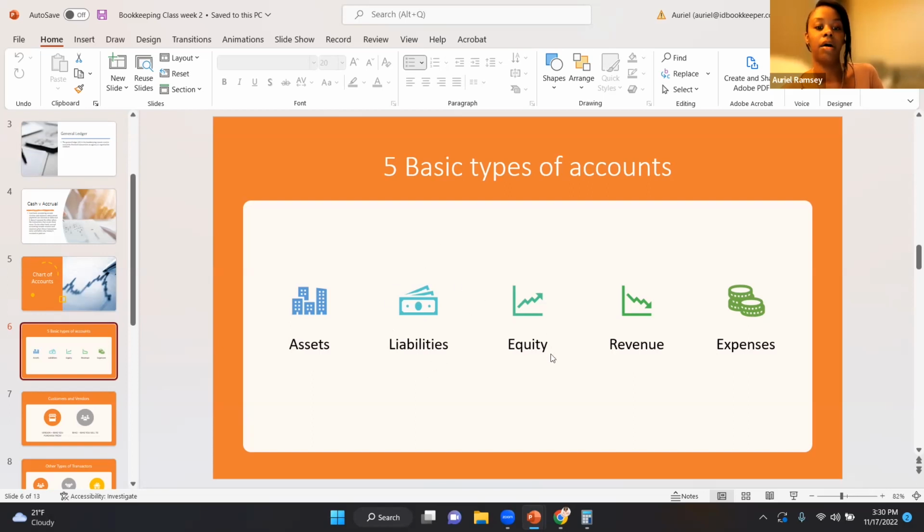Yep. Equity. Does anybody know what equity is? Interest in something, right? Yes, I love it. What is revenue? Money that you own. Money earned. Yep. Yeah, exactly. Okay, I'm going to have to give it to both of y'all.